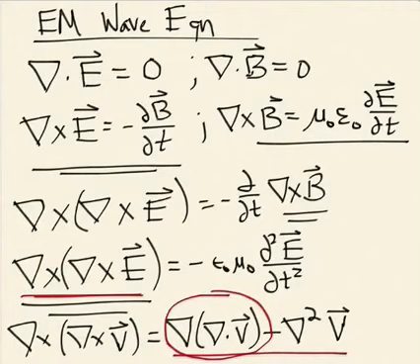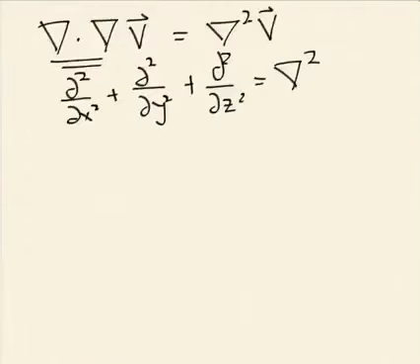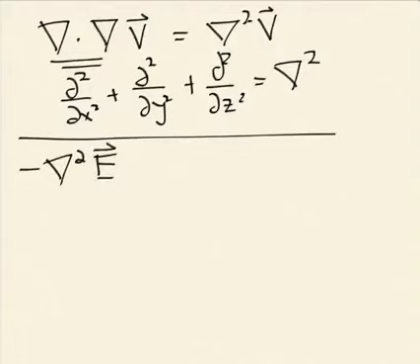We'll have to be careful with that in other circumstances, but if we consider waves in vacuum, divergence of E is going to be 0, and so I can rewrite the curl curl E as just minus the Laplacian of E. So then I have minus del squared E equals minus epsilon naught mu naught d squared E dt squared.